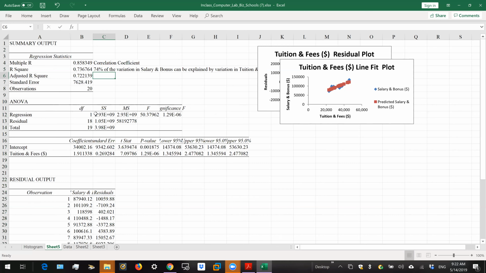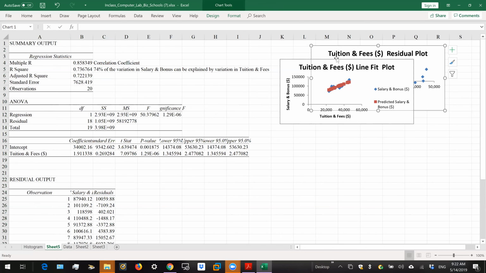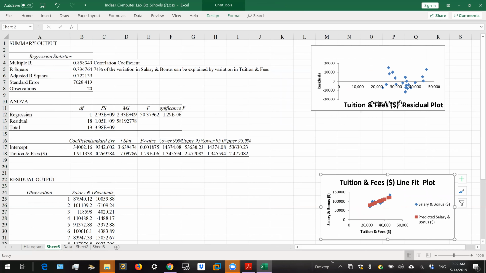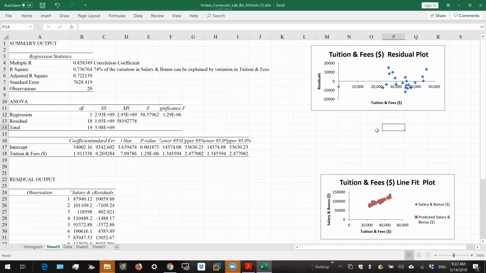And we'll fix that in a minute, move these plots out of the way so we can read this. We'll be looking at these plots over here later. Oops, what did I do? Moved the title to the wrong place. Okay, so you can ignore this adjusted R square and standard error. We aren't going to use those for anything.